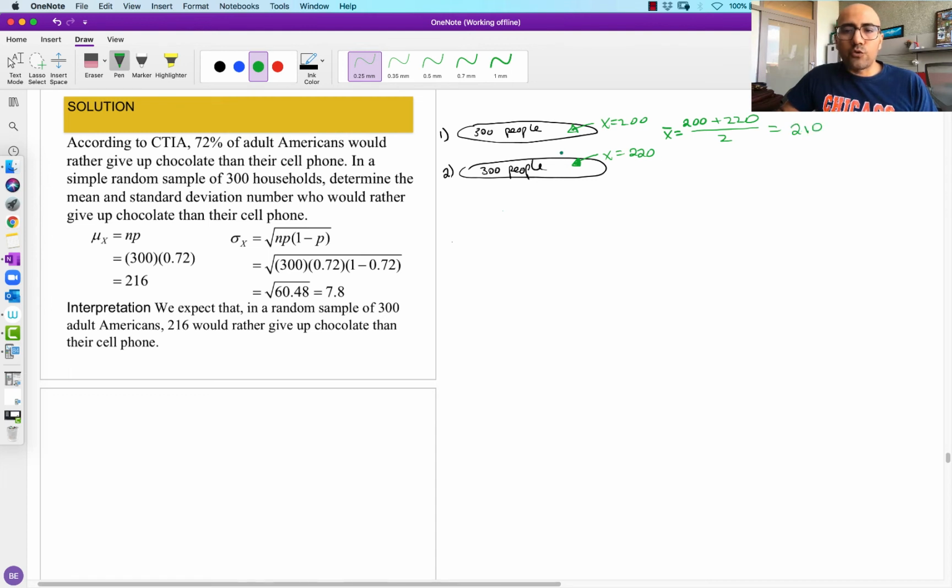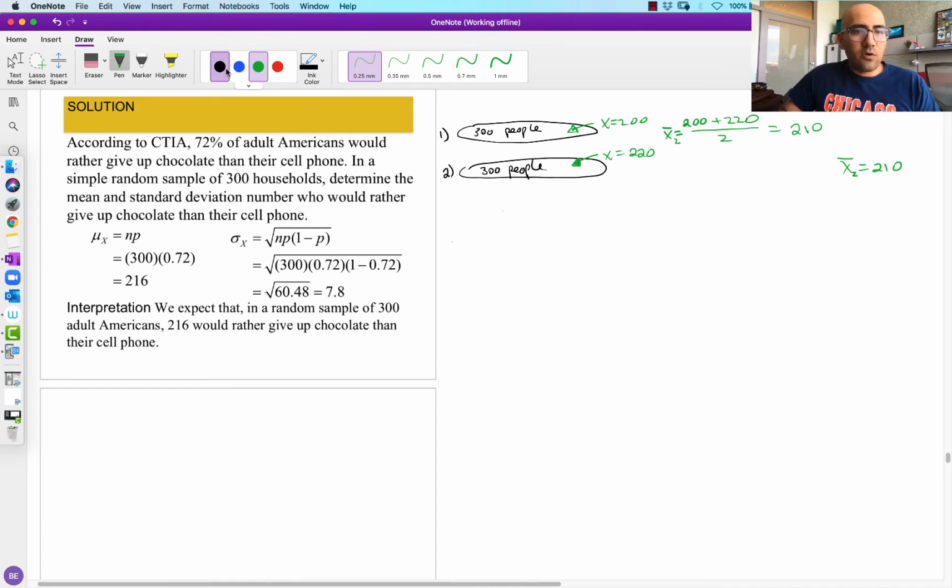So after two groups, we get a mean of those two groups of 210. So the mean including two values is equal to 210.